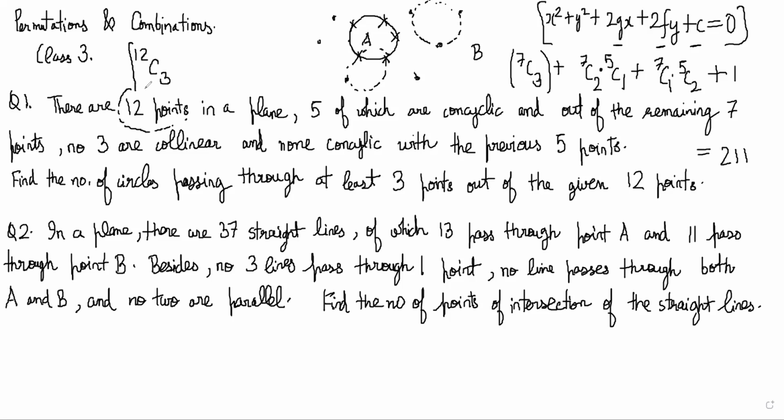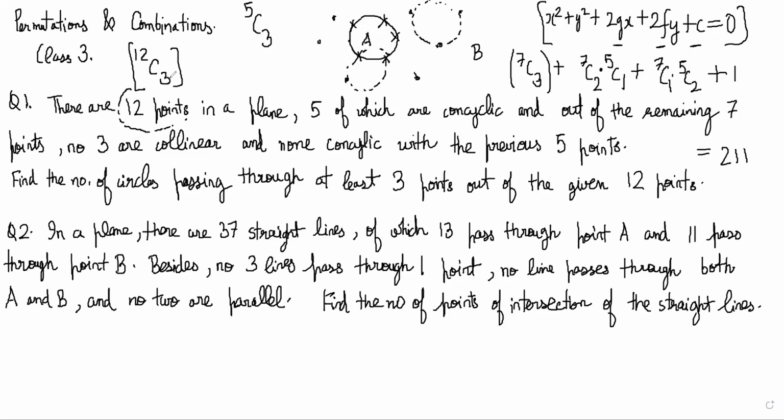However, 5 of them are lying on one circle. So 5 of them are not really contributing to making circles, right? If they were not lying on one circle, they should have made 5C3 circles, right?